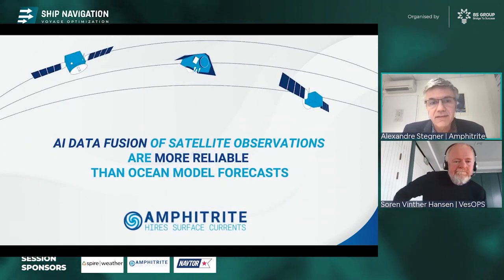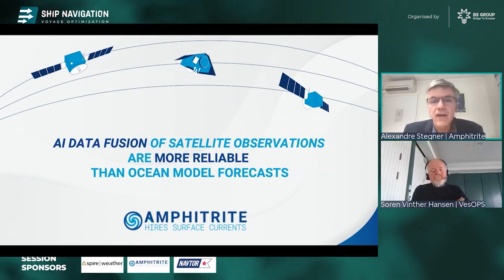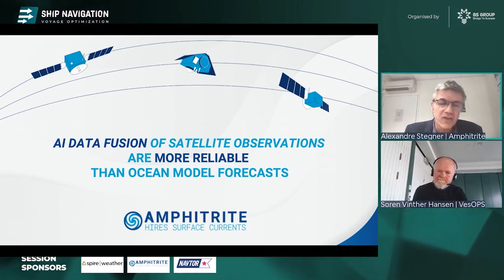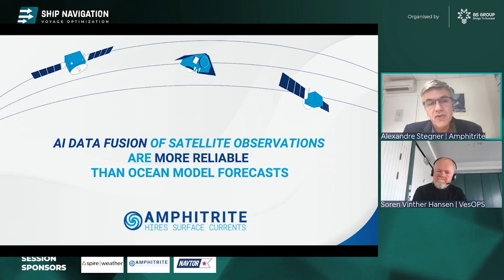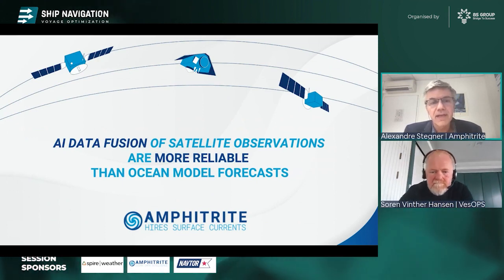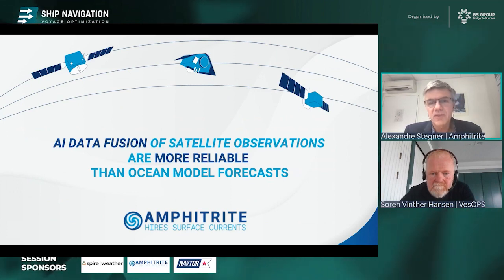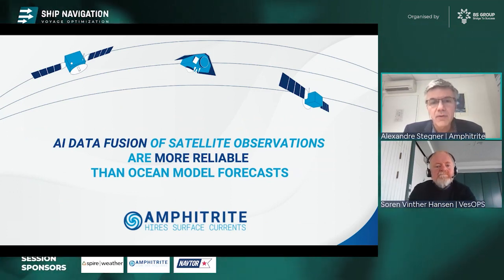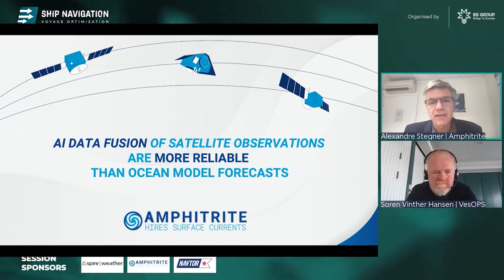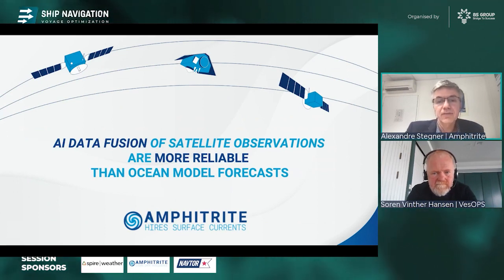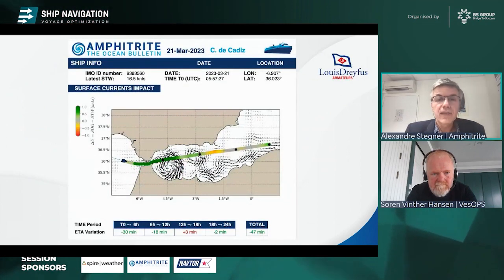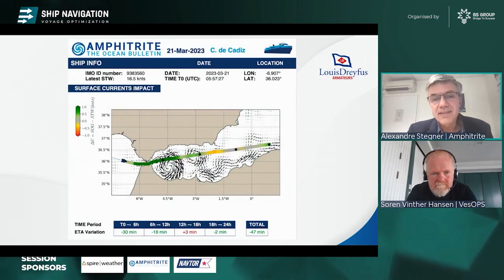So I would say that this new generation of satellite ocean data, and especially oceanic currents, built by computer vision using advanced AI from satellite observation, provides more reliable currents and more reliable data than the model forecasts today. So today we did the case example.